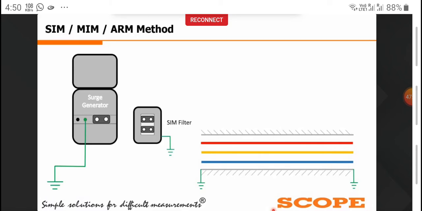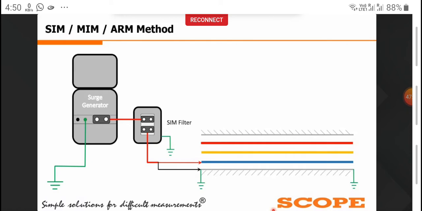So here we can see the surge generator, a SIM filter and a cable under test. After that, the output of the surge generator is connected to the secondary impulse filter. After that, the output of the secondary impulse filter is connected to the faulty core and the conductor sheath.